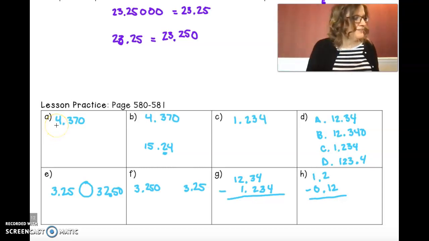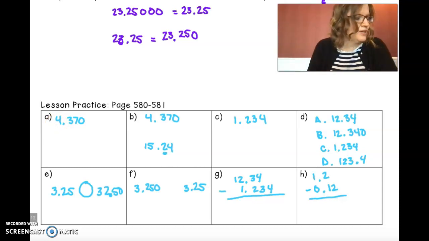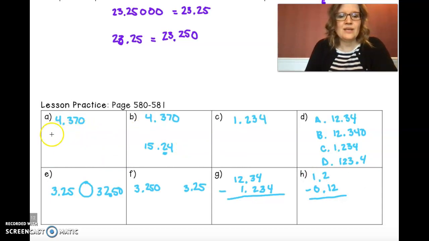Okay, for letter A, the question is, which digit in this number is in the hundredths place? We know that this is the tenths, hundredths, and thousandths. So in the hundredths place, it is going to be 7, right here.